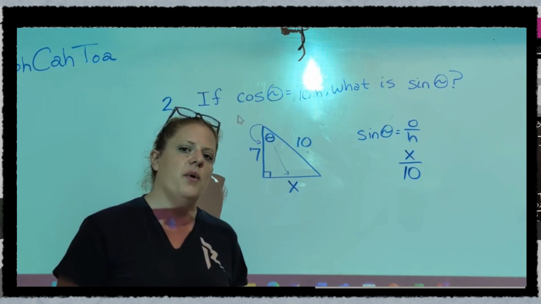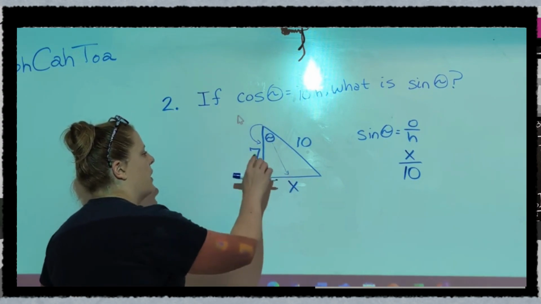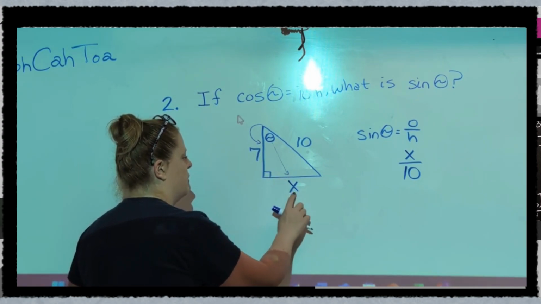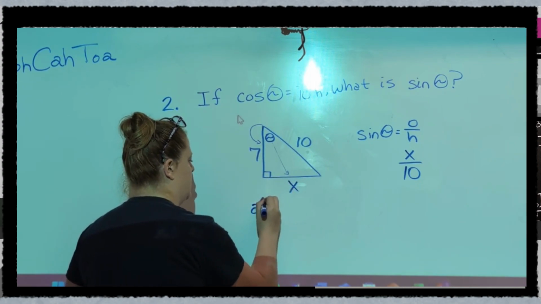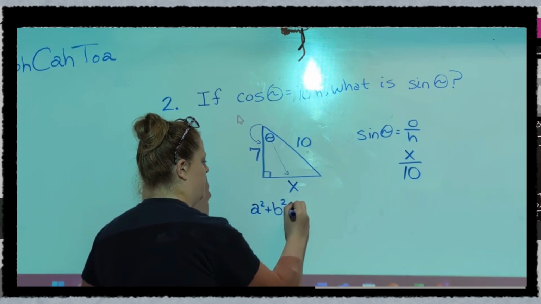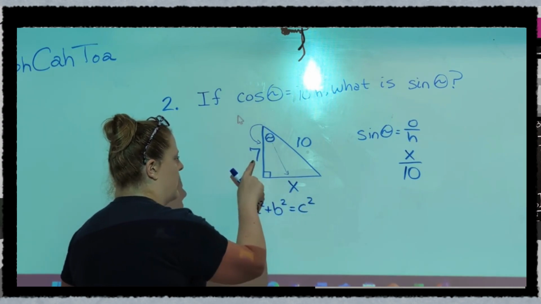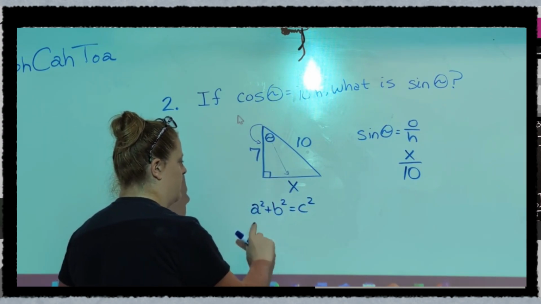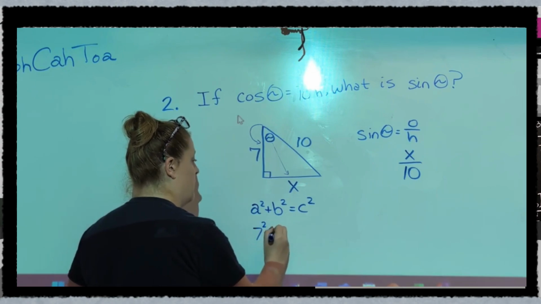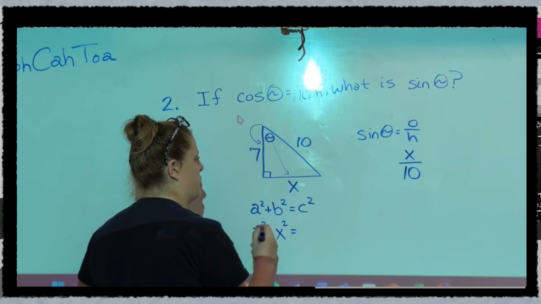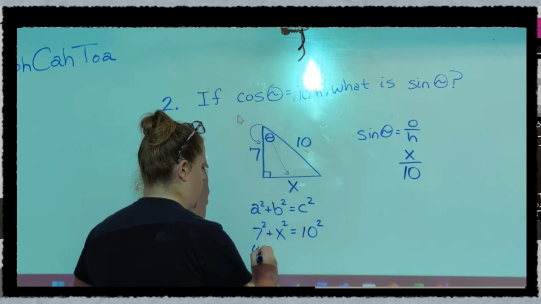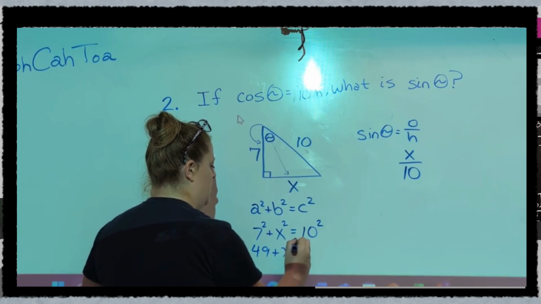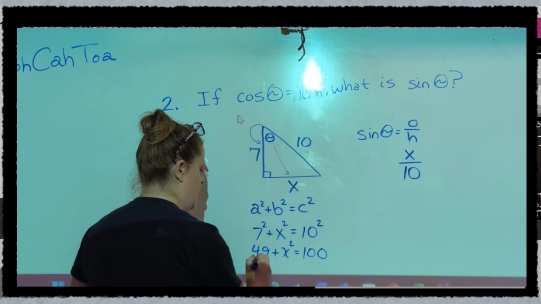So let's figure out what that x is equal to. If you have two parts of a right triangle, you can use the Pythagorean theorem. So I have 7 and x as my a and b. It does not matter which order you put them in. Equals 10 squared. So I have 49 plus x squared equals 100.